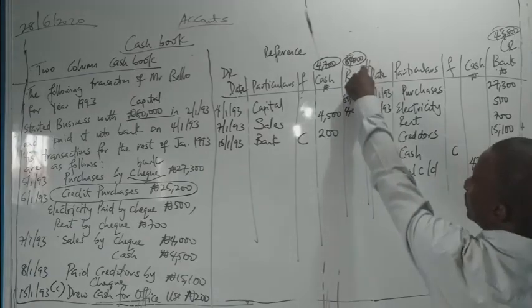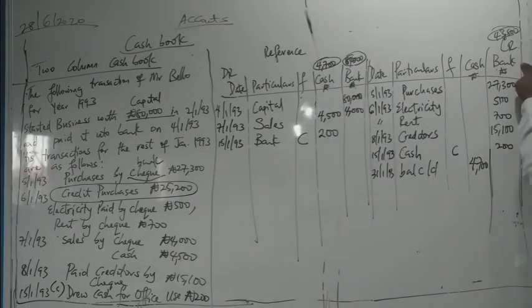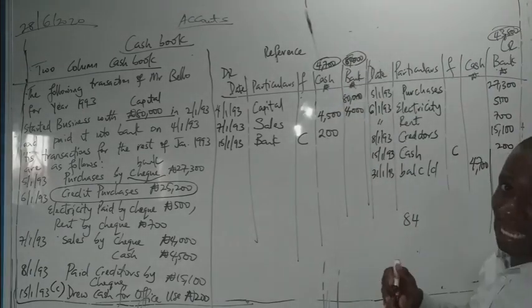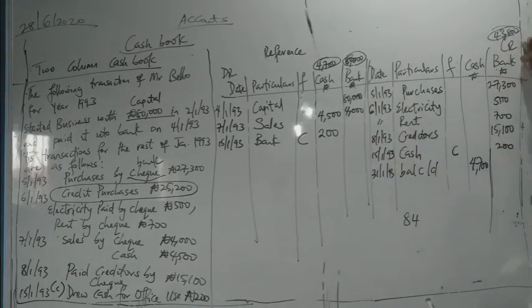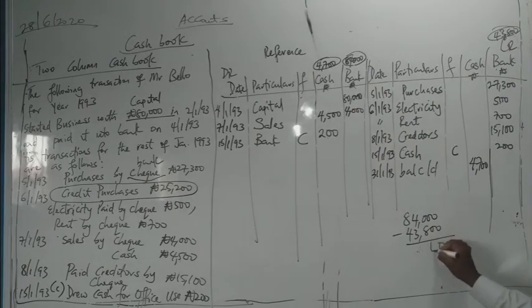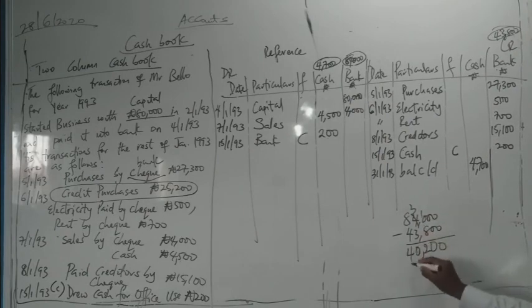Now we will come to the bank column. Our total here was 84,000. Total here was 43,800. So we are going to do minus it. Looking at it, the total of this debit side is greater than the total of this credit side. That means it is a debit balance. So 84,000 minus 43,800. 0, 0. Take one out, put it here. 10 minus 8, 2, 0, 4.